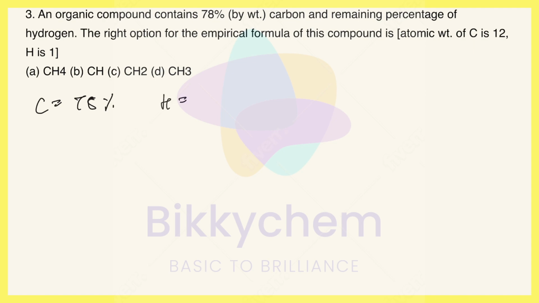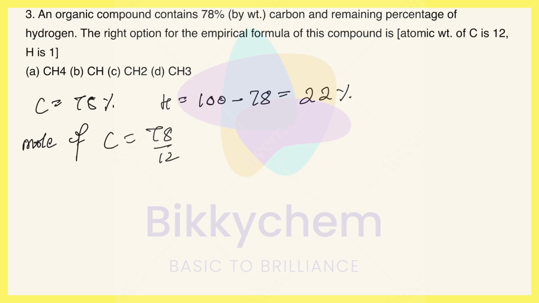So 100 minus 78 means it is 22%. If we calculate the moles, carbon is 78 by 12, which is equal to 6.5 mole, and hydrogen is 22 by 1, which is 22.